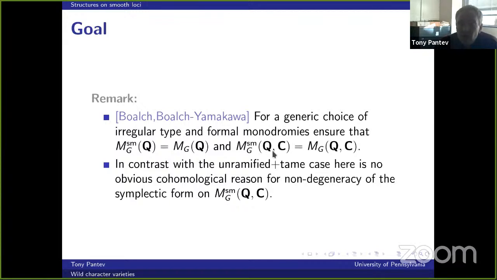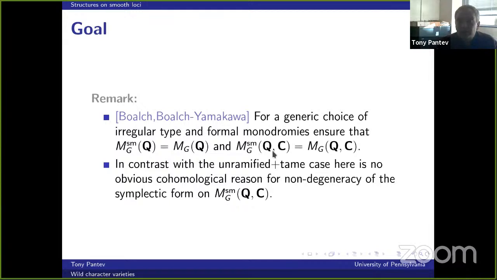But the proof is still kind of mysterious in some sense, because as I said, their construction is quasi-Hamiltonian. There is no intrinsic deformation theoretic or cohomological reason why the symplectic form on the restricted character variety, or the smooth part of it, should be non-degenerate. You've all seen unramified or tamely ramified character varieties, and we're all familiar with why the symplectic form is non-degenerate there.